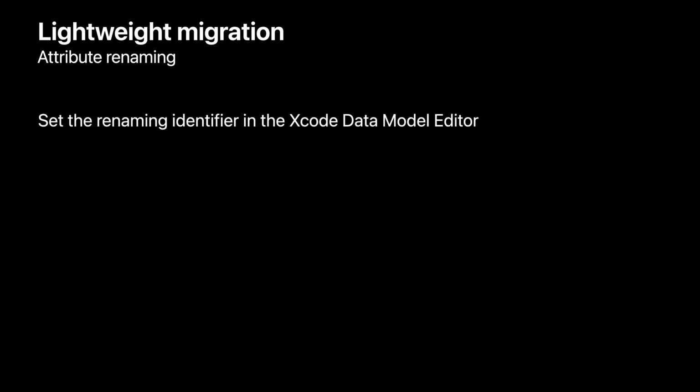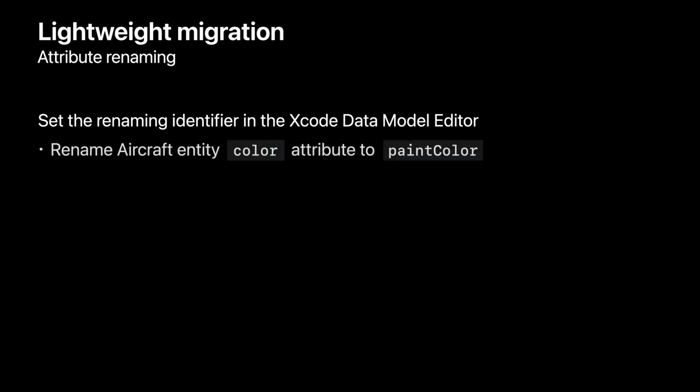If you want to rename an attribute, set the renaming identifier in the destination model to the name of the corresponding attribute in the source model. The renaming identifier is found in the Xcode Data Model Editor's Property Inspector. For example, you can rename the aircraft entity color attribute to paint color.